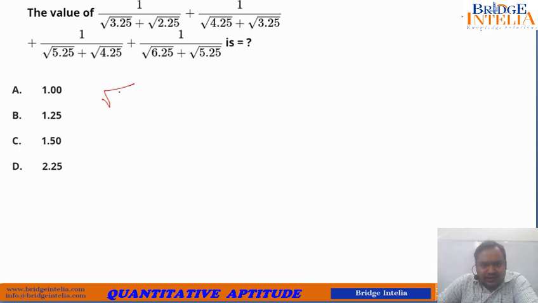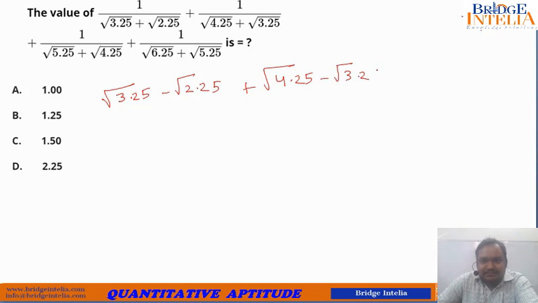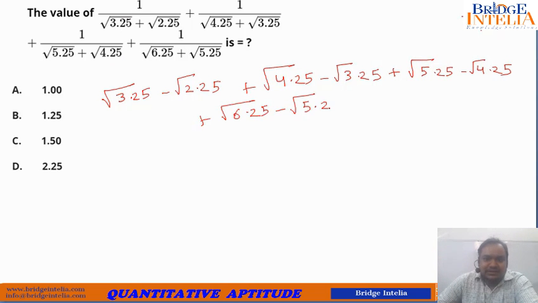So the first term can be written as this. Similarly, the second term can be written as this. The third term can now be written as this, and the fourth term as this. And you will realize that many terms would cancel each other out.